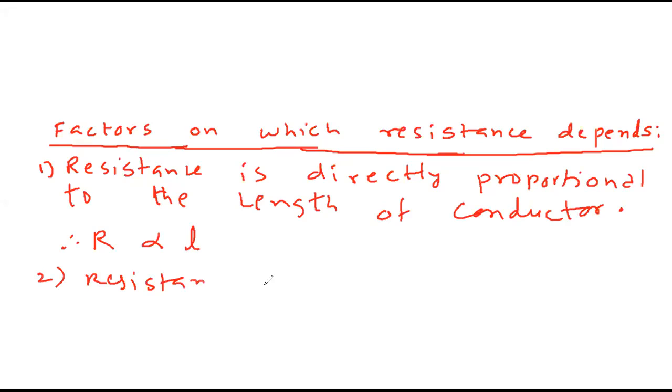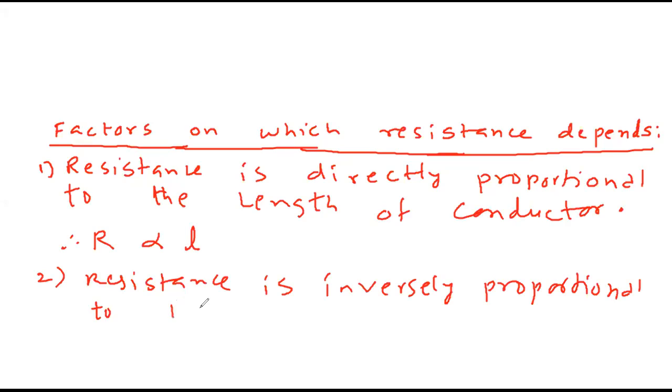Resistance is inversely proportional to the area of cross section of conductor.